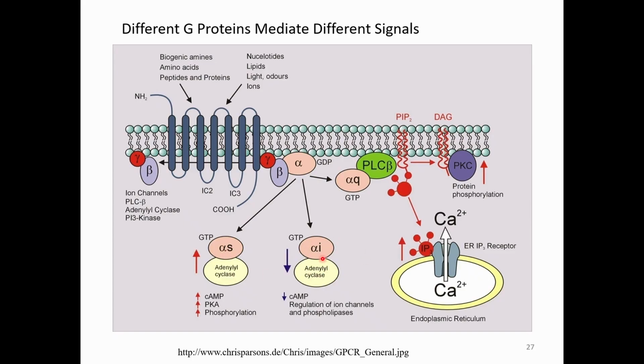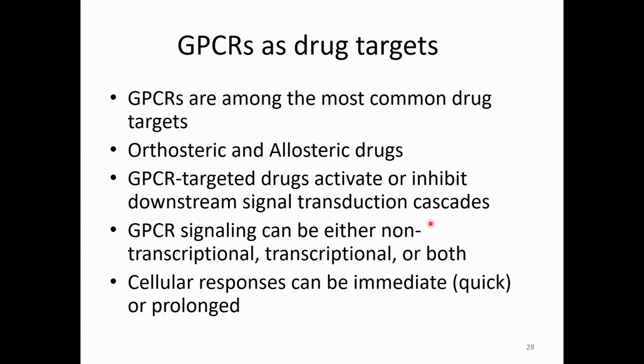This one inhibits it. Here is an alpha Q version that activates phospholipase C, making the second messenger IP3 and diacylglycerol. So basically just review stuff.